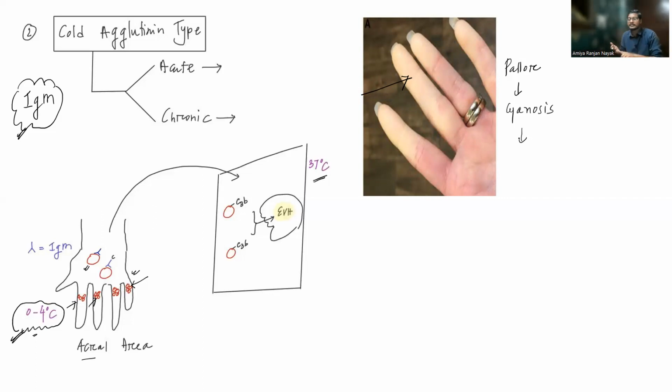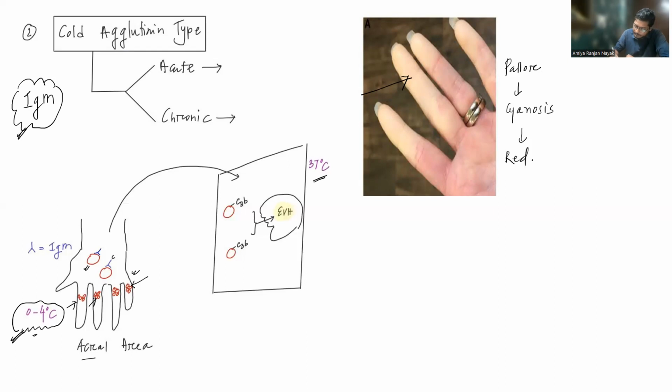And as this process continues, there will be reactive hyperemia. I mean, the body will understand that there is reduced supply of blood into these areas, and the body will try to deliver more and more blood to these areas. That is known as the process of hyperemia. So ultimately, once the clots are released, there will be increased blood flow that will cause redness.